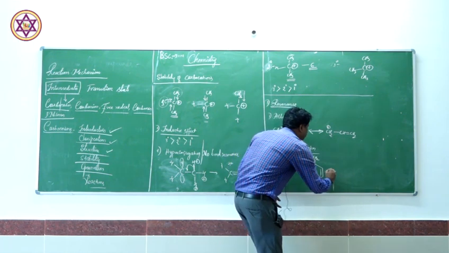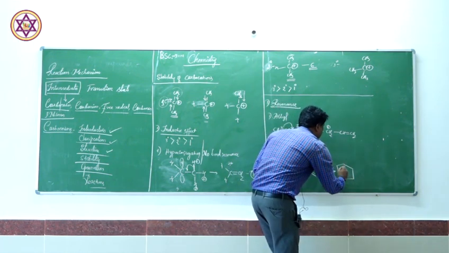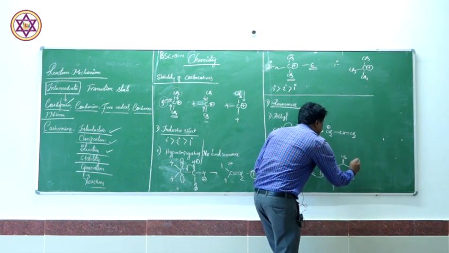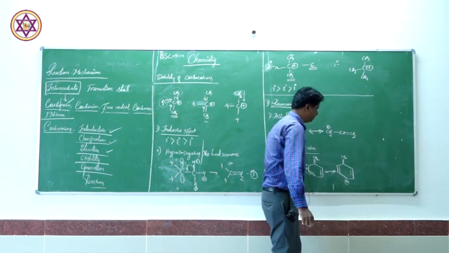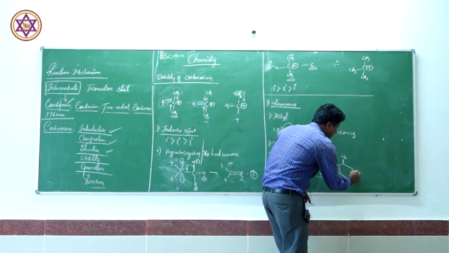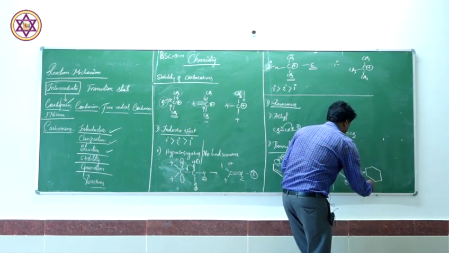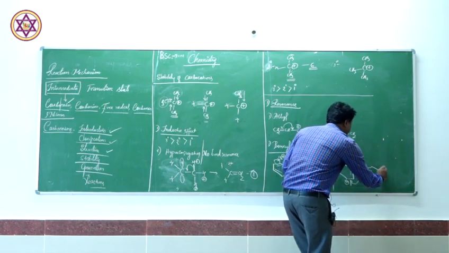Once again, this bond goes here. Positive charge migration. Again, to balance this positive charge, this pi bond here comes here. The positive charge goes here.